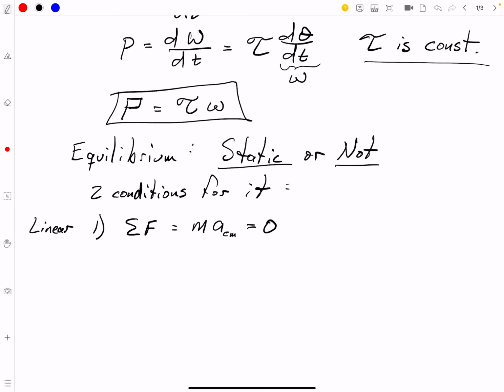Since mass can't be 0, that means ACM must be equal to 0.